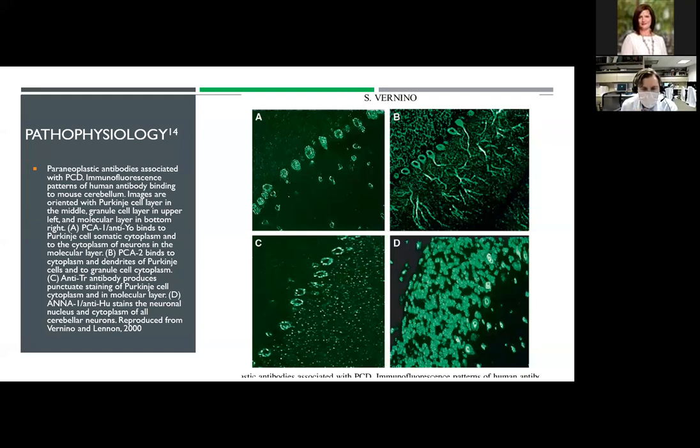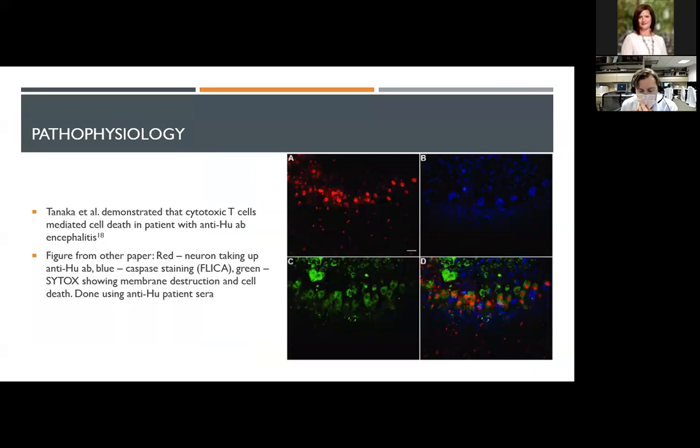So we know that the tumors have nerve-like tissue. We know the immune system doesn't like it. And we know that that leads to antibody formation against parts of your nervous system. The other part we talked about was T cells causing actual cell death. This is more immunofluorescent stains, looking for cytox, which is a measurement of cellular breakdown, and anti-Hu antibodies.